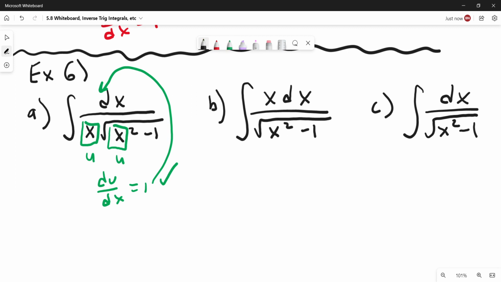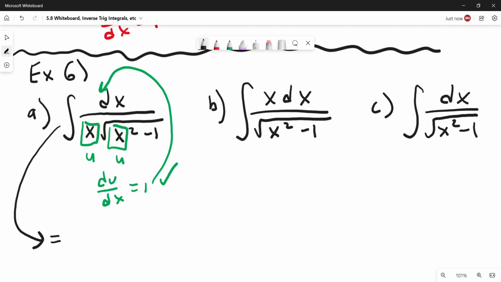So if you tried to make x squared minus 1 be your u, your u prime would be 2x. You have an x, but it's in the denominator. You can't have your u prime in the denominator. And you can't force a different degree of x for your u prime. So this is just real straightforward, right?